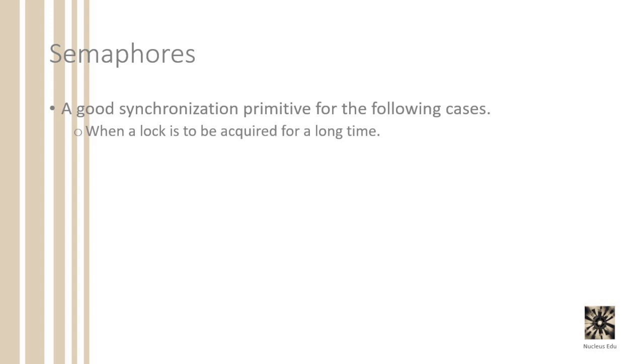Even though in the modern kernel there are options of having spin locks that allow the task holding the spin lock to sleep, we're not going to go into too much detail on spin locks right now.